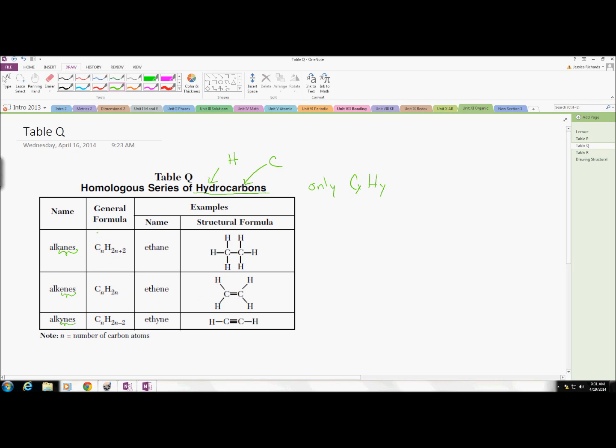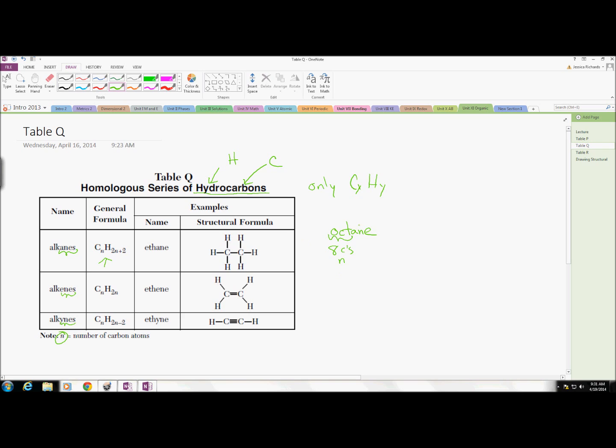The general formula is going to help you figure out what numbers to use, and the N is the number of carbons. So if I am back talking about my gasoline and I see that there's an octane rating, reference table P told me that oct was 8 carbons. That's going to be my N.